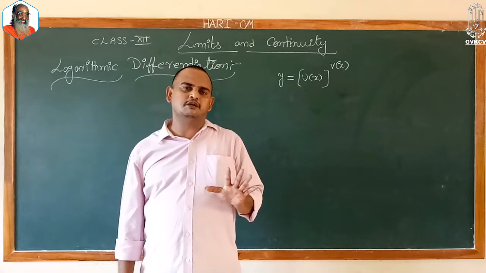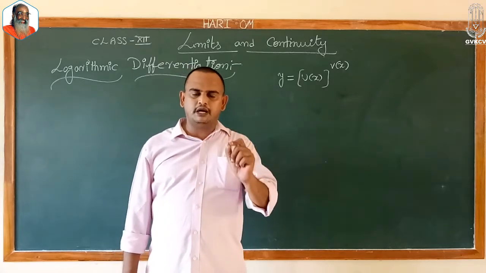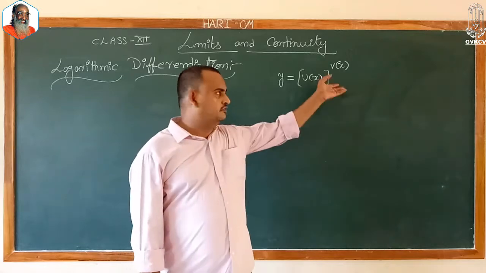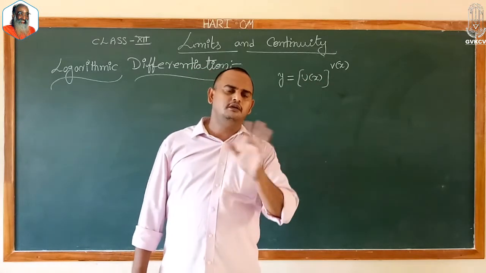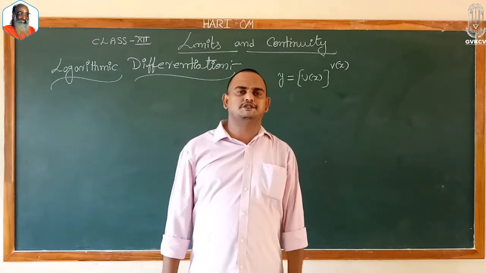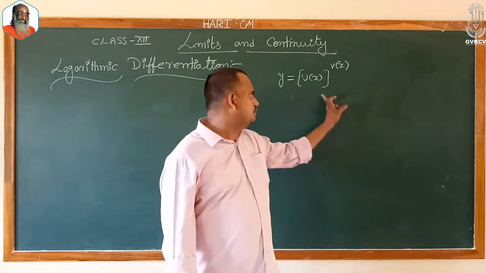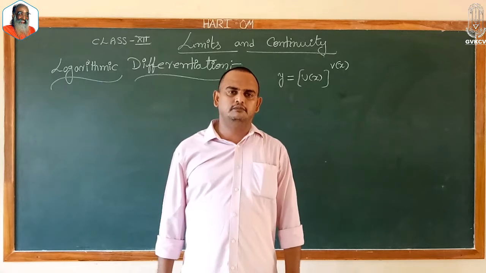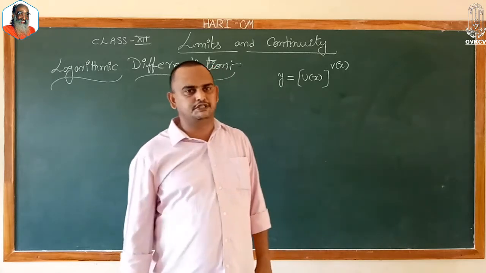Any kind of function it may be. There is no particular condition that u of x has to be only trigonometric or v of x has to be only trigonometric. These two functions may be any kind of function.